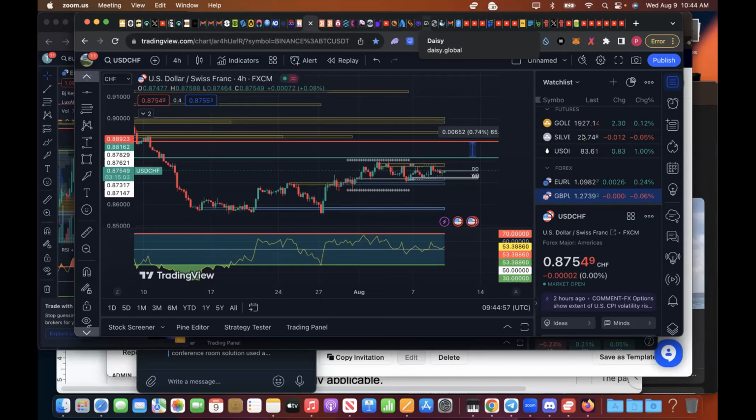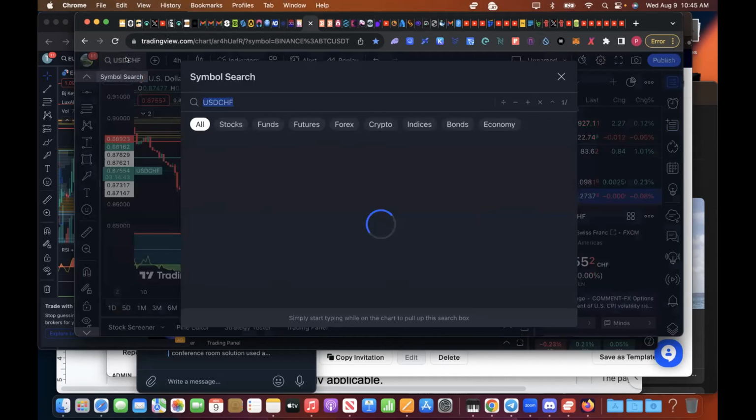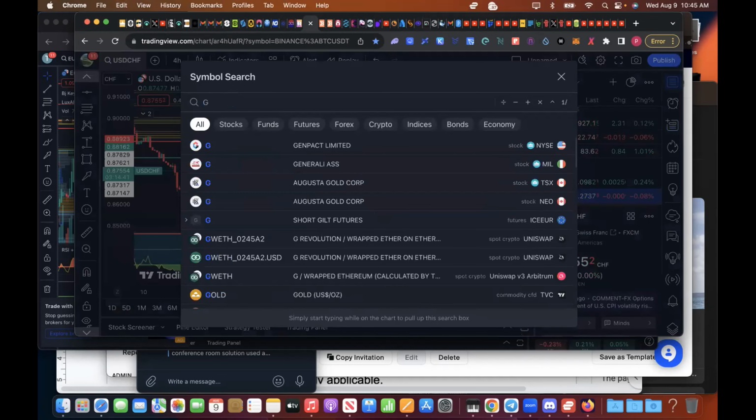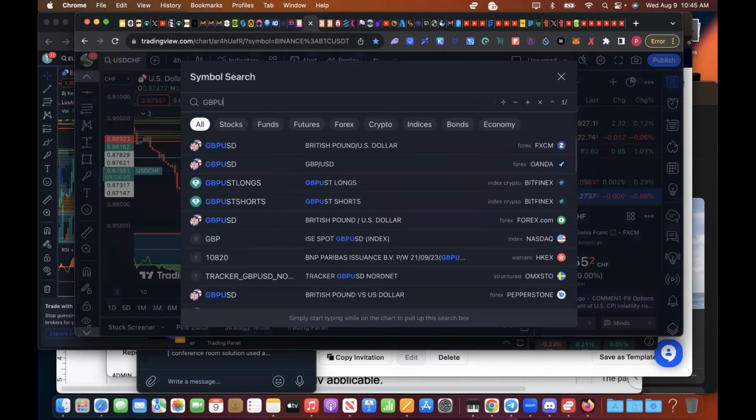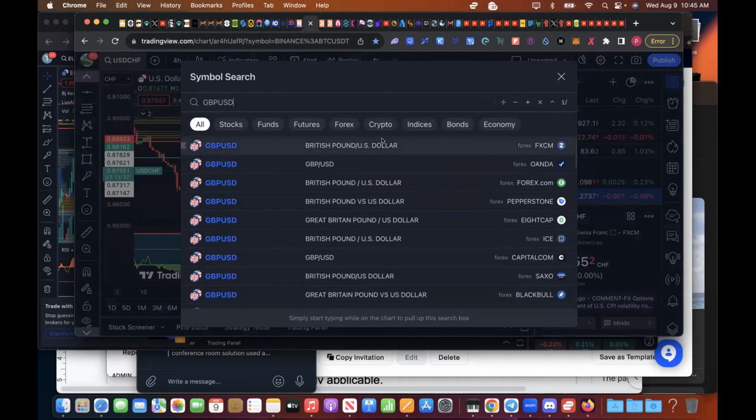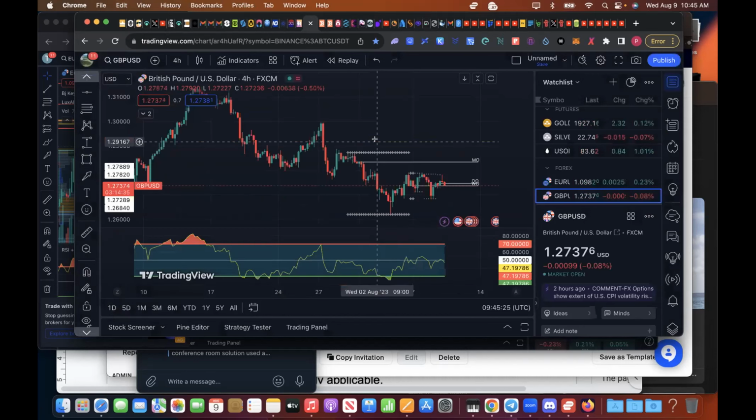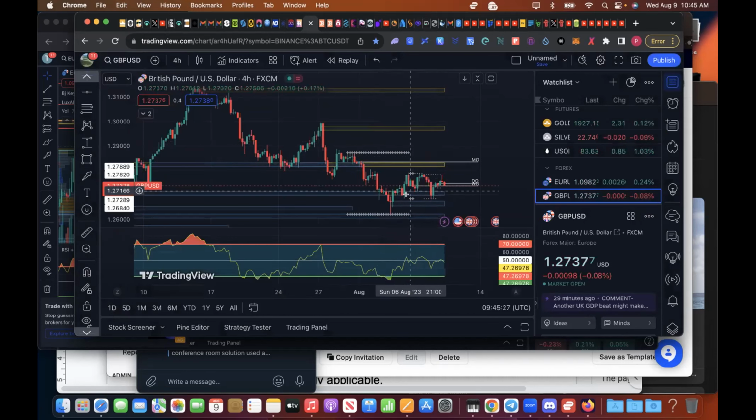So I think we have talked about GBP USD. What should be your entry point? GBP USD is for buying once we're able to confirm above those regions.